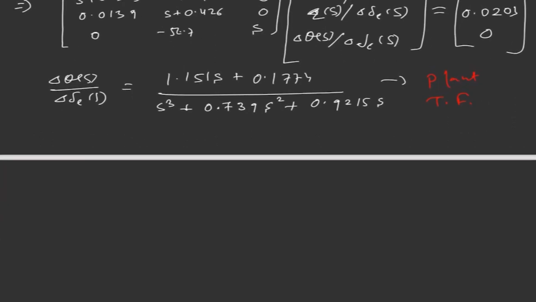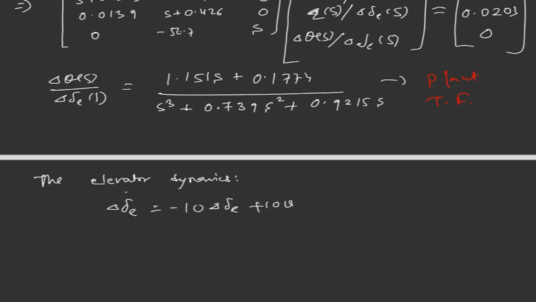So let's take another equation, which is the servo system relating delta delta E, the elevator dynamics. We can write delta delta E dot equal to minus 10 delta delta E plus 10V.